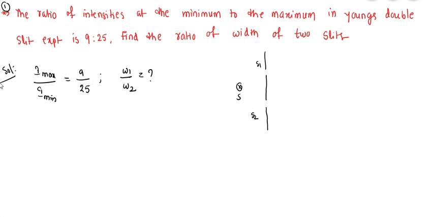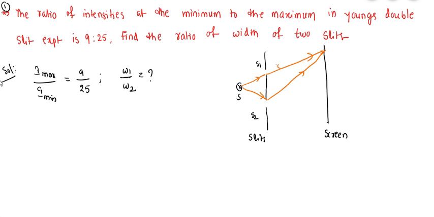The S1 slit has the width W1, and the light starts from S1 and S2, and they are superposing here. Take this as the screen. The light is emitted from S1 and from S2 and they superpose here.